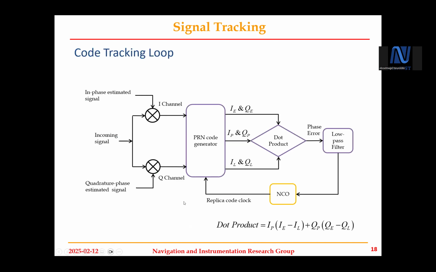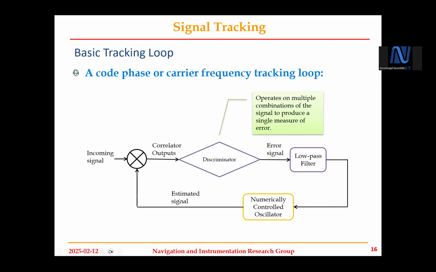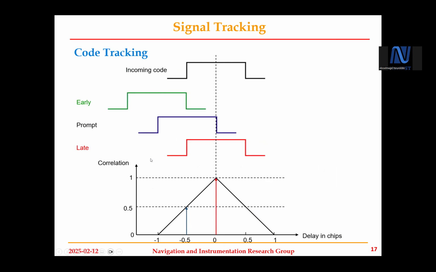This is how the code tracking loop works. Remember, when we discussed this earlier, we were talking about a general tracking loop for both. This is a general idea. Now, we mentioned that for a code tracking loop, we need 3 replicas of the signal delayed in time, but at the same frequency.